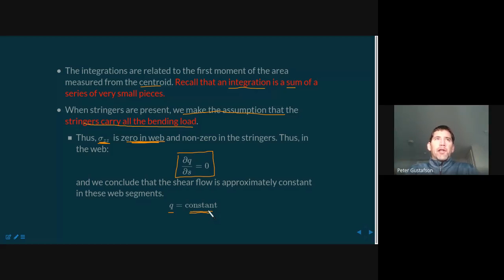The consequence is this. If the skins actually contribute a little bit to the bending load, then yes, it's true, the shear flows are not necessarily constant anymore. However, the bending loads carried by the principal bending load-carrying members then decrease.